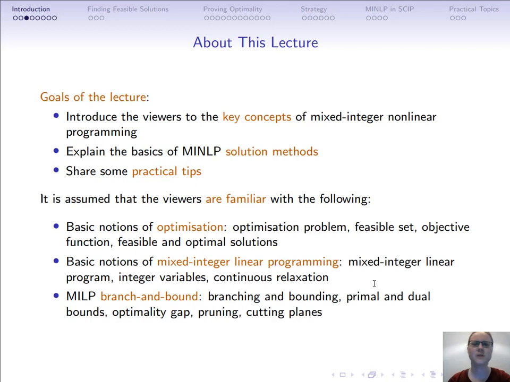And also I should mention that I am going to repeat some of these definitions, but it is certainly going to be easier to follow the lecture if you are already familiar with them.